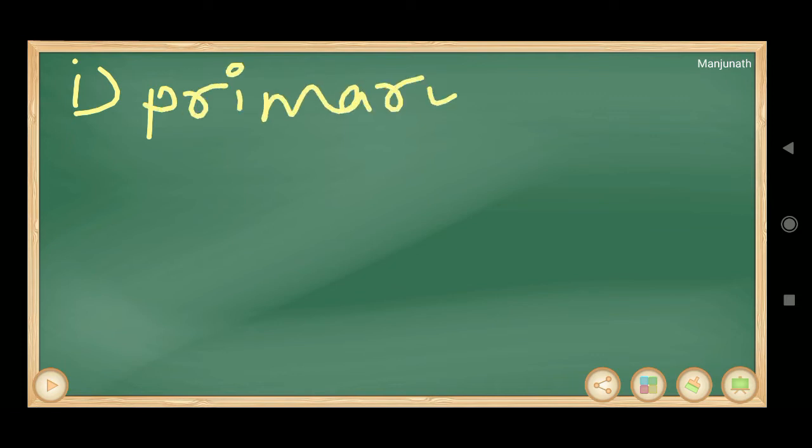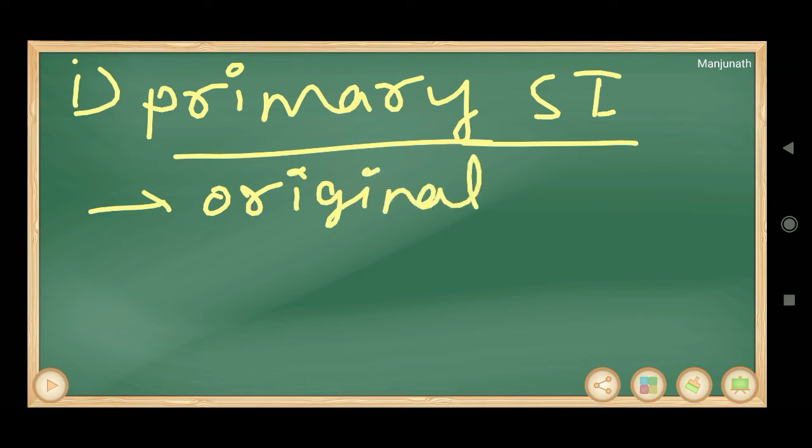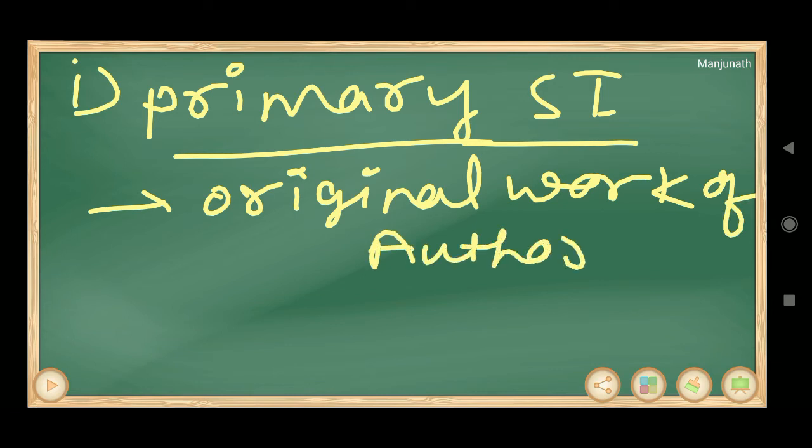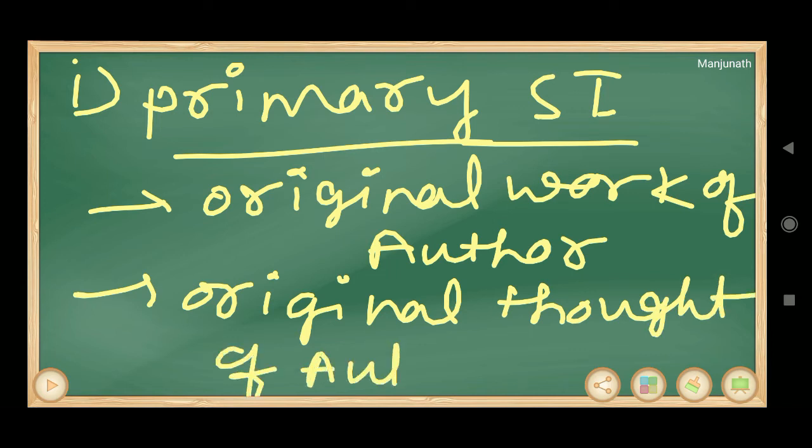Let's know what primary sources of information are. Primary sources of information contain the primary thought of an author, which means it is the original work of an author, the original thought of an author or someone.